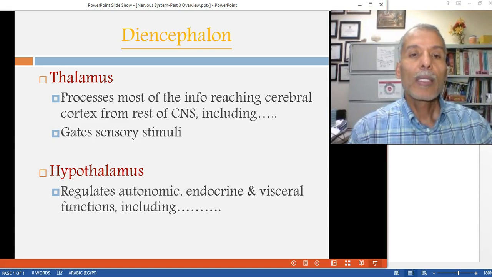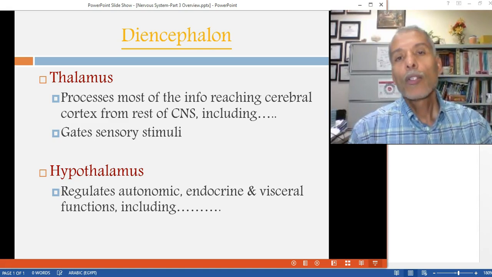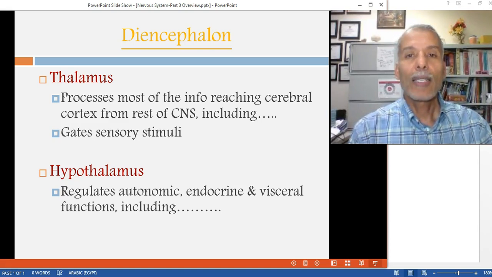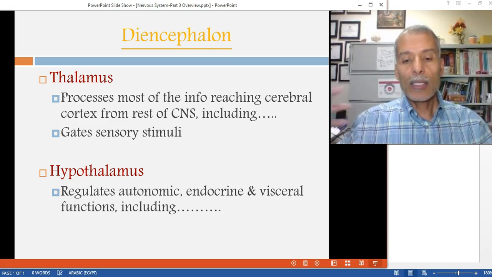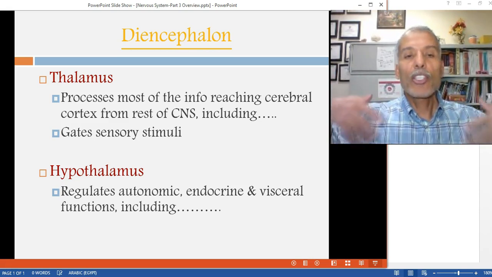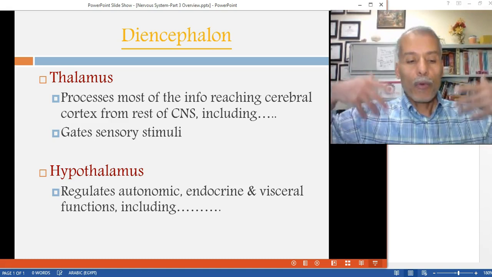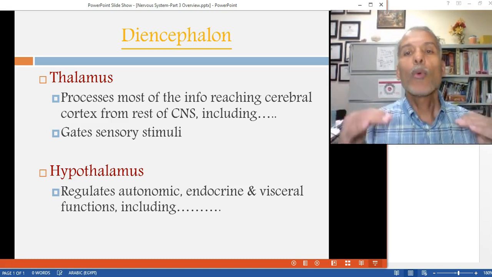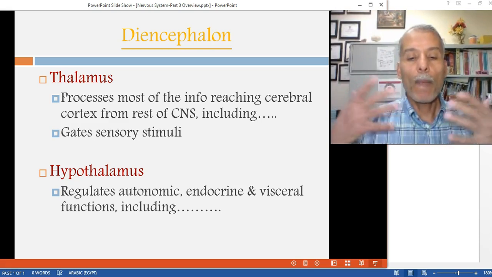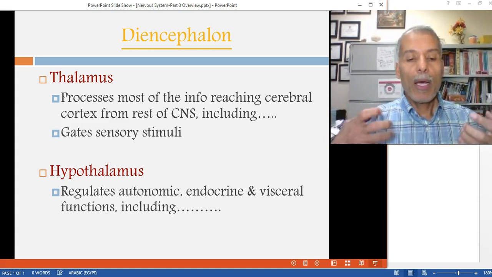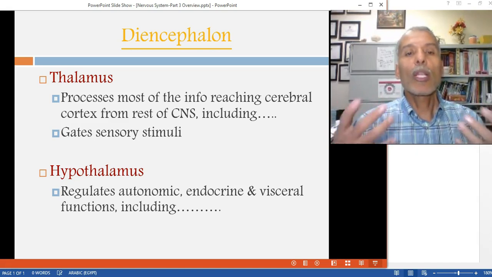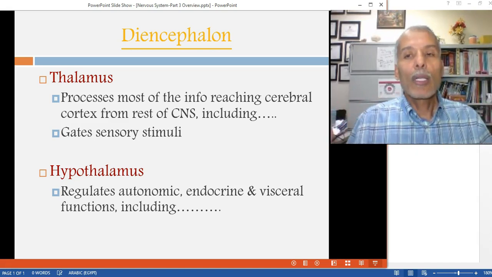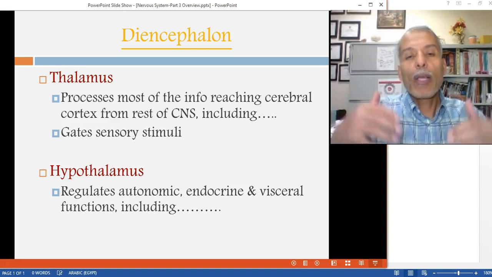The thalamus enables us to perform sensory gating. In other words, it gets all kinds of sensory information flowing through, coming from below or from the rest of the body, and it attenuates or decreases the effect of very noxious or loud or strong sensory stimuli coming in.